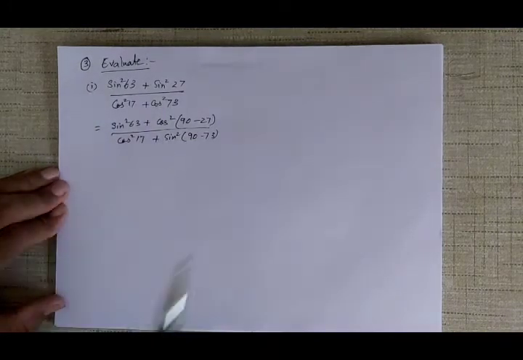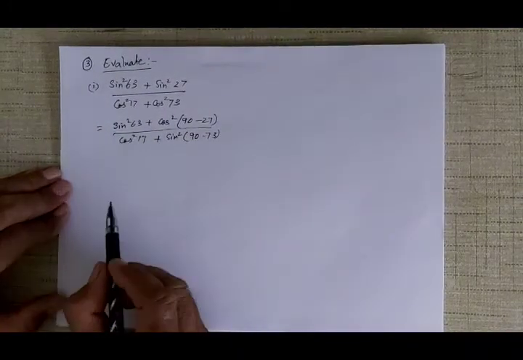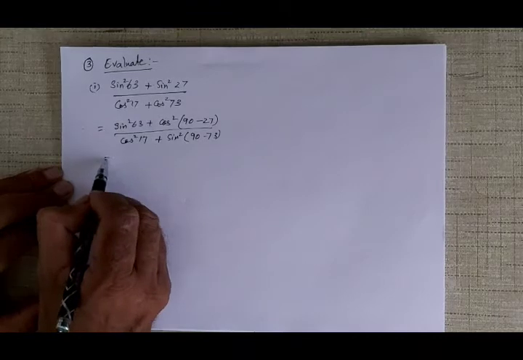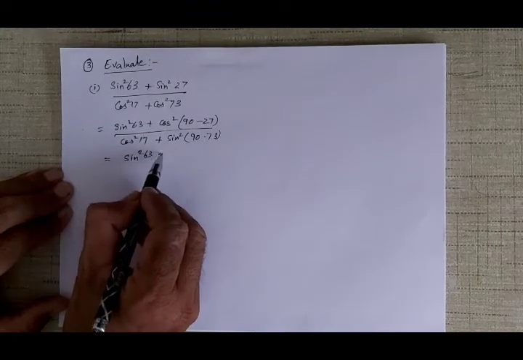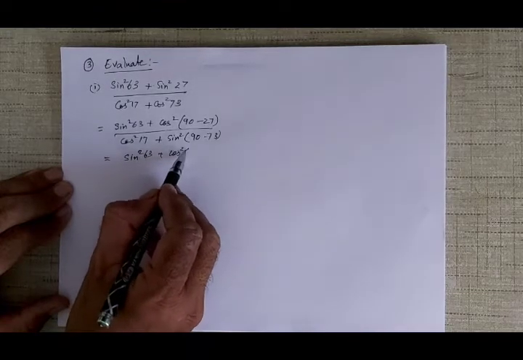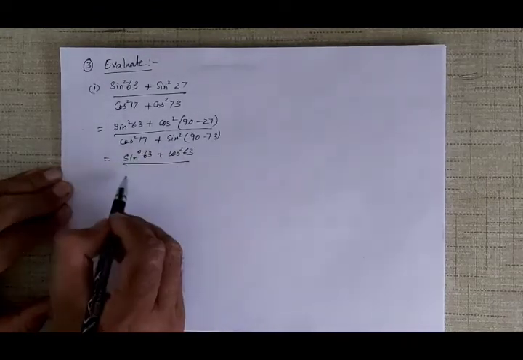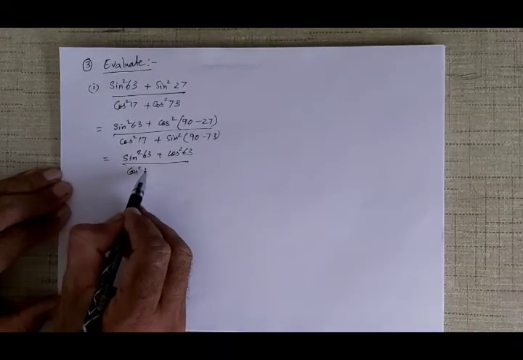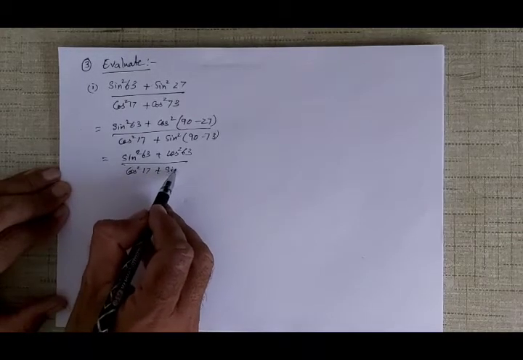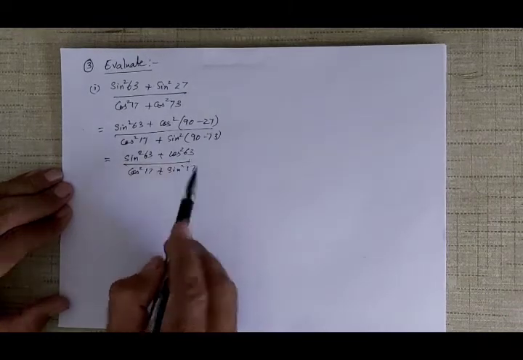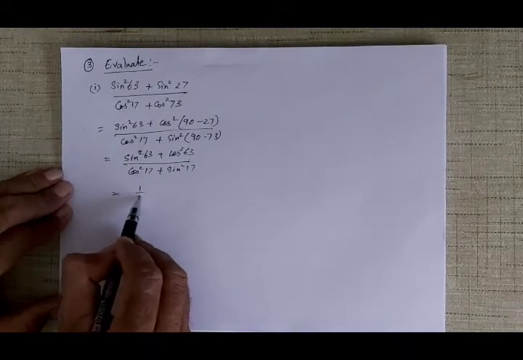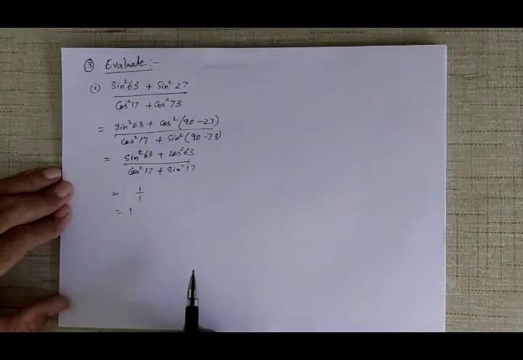Notice I have changed only one in the numerator and one in the denominator. So this becomes sine square 63 plus cos square 63 upon cos square 17 plus sine square 17. Sine square theta plus cos square theta is equal to 1. So 1 upon 1, that is equal to 1.